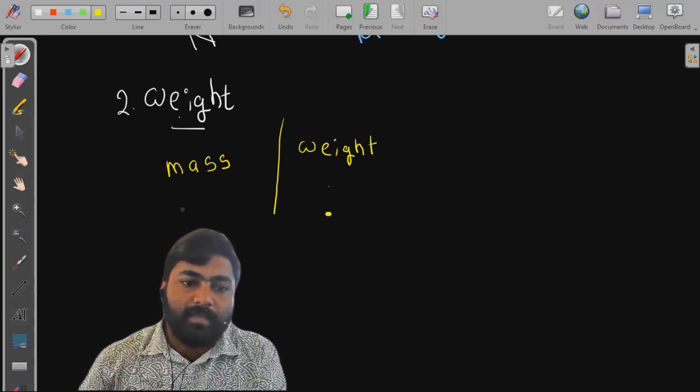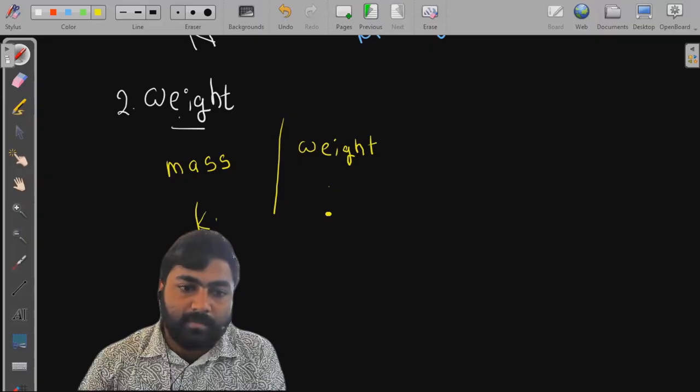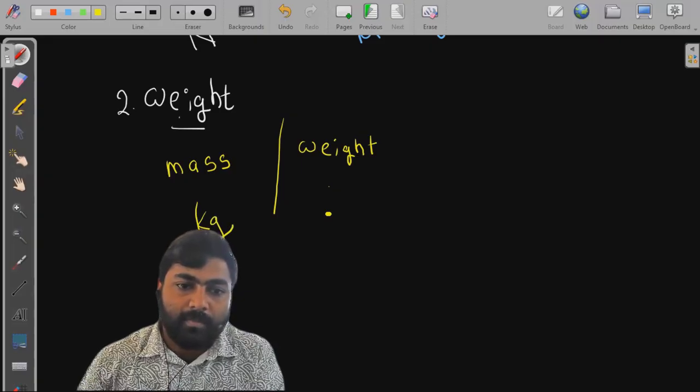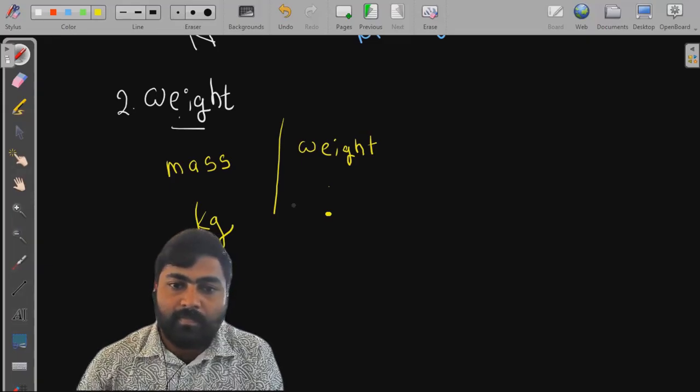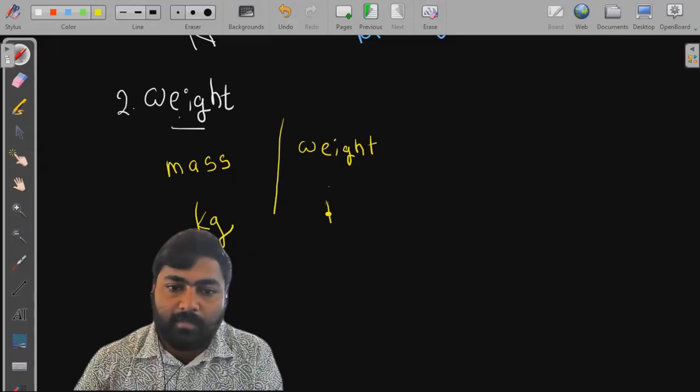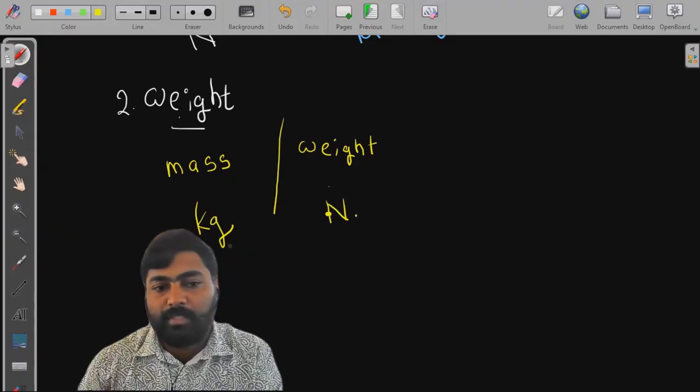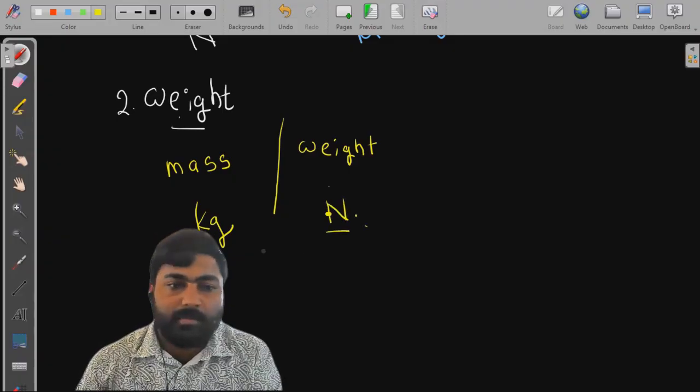Mass is measured in kilograms. Remember when writing kilogram, you have to use a simple k. Weight is measured in Newton.